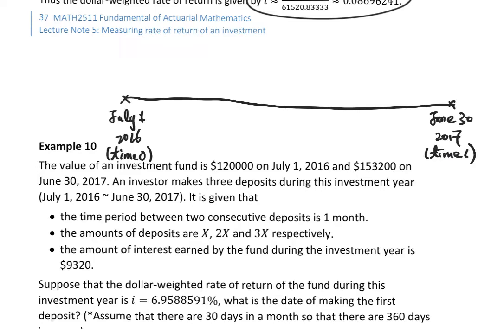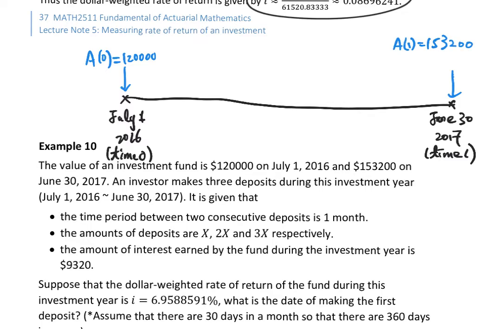Now, first of all, you are given that for this investment fund, the initial account balance is 120,000. After 1 year, it will grow to 153,200.